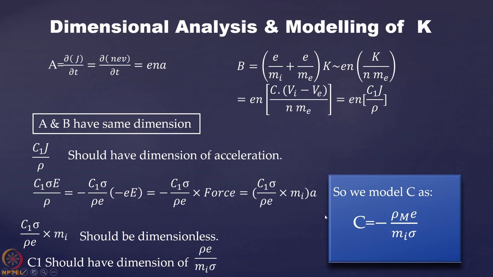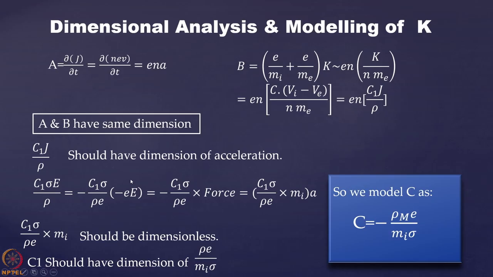So here acceleration is taken out. So what should this quantity be? This quantity should be dimensionless. So C1 sigma by rho E into mi should be dimensionless. If that is the case, then C1 should have the dimension rho E by mi into sigma. You just put rho E by mi into sigma, then you will see that this quantity becomes just 1.